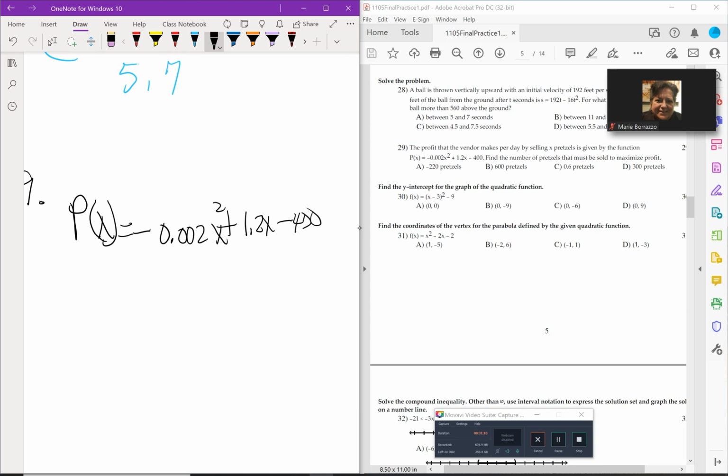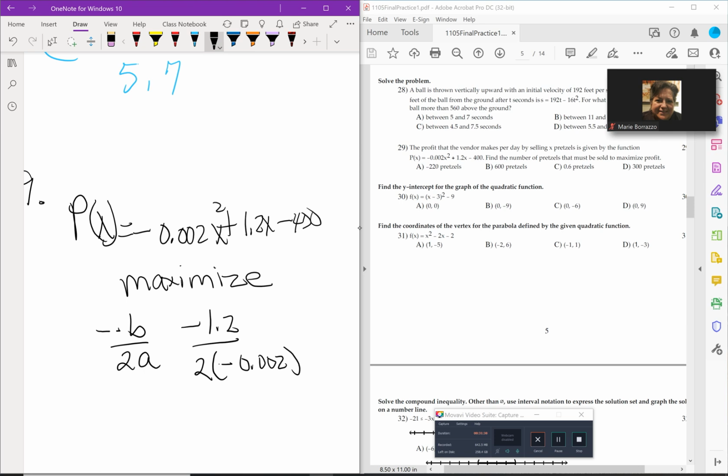Find the number of pretzels that must be sold to maximize. Whenever you see the words either minimize or in this case maximize, solve for the vertex. So we're going to use negative b over 2a. Negative b is negative 1.2 over 2 times negative 0.002.